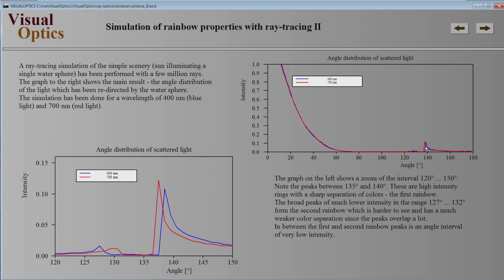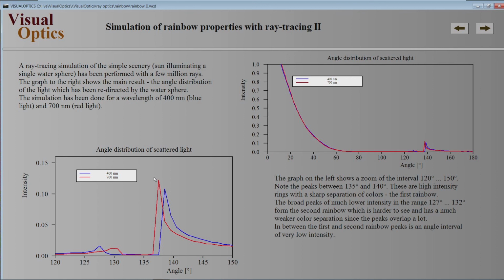You will find two peaks, and basically you can predict that for blue light, the peak has a different position at a different angle than for red light. So there is a separation of color by water drops, which causes the rainbow, the colorful rainbow.